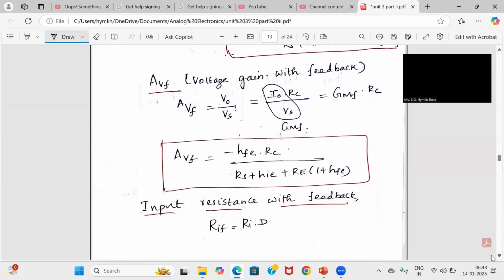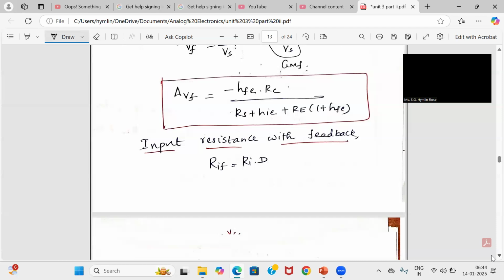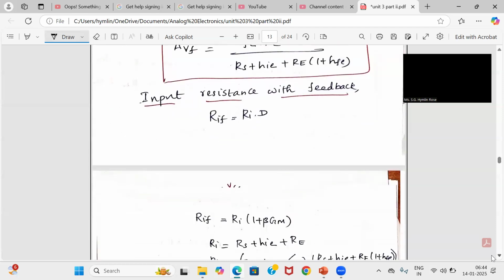Now come to the calculation of input resistance and output resistance. As I told in the starting itself, for a transconductance amplifier, the input resistance is high compared to the source resistance, and the output resistance is also high compared to the feedback. So it will be Ri into D, so actually Ri into 1 plus beta GM.